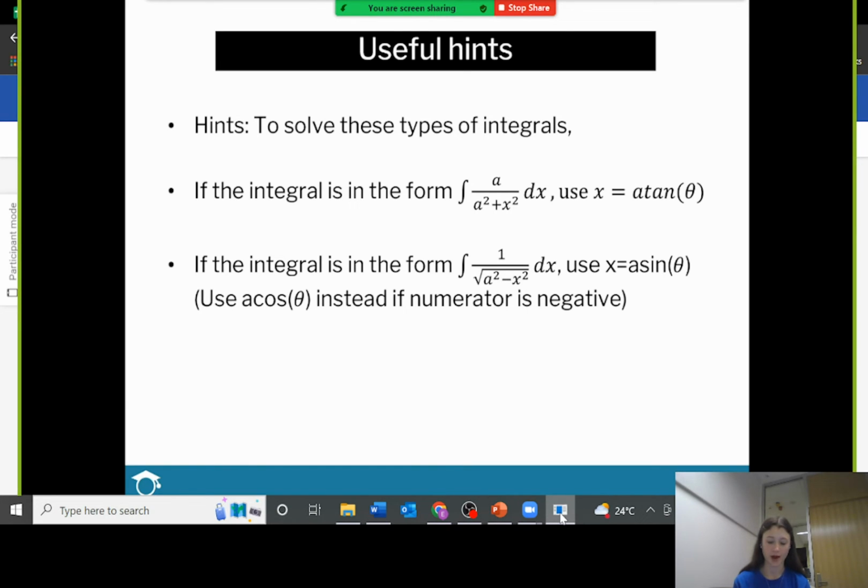So say a is 3, but you have 6 on the numerator, you can just take 2 out the front, leaving 3 on the top, and then you're all good. And if your integral is in the form 1 on root a squared take x squared, then use x equals a sine theta, and if the numerator is negative, then use a cos theta.